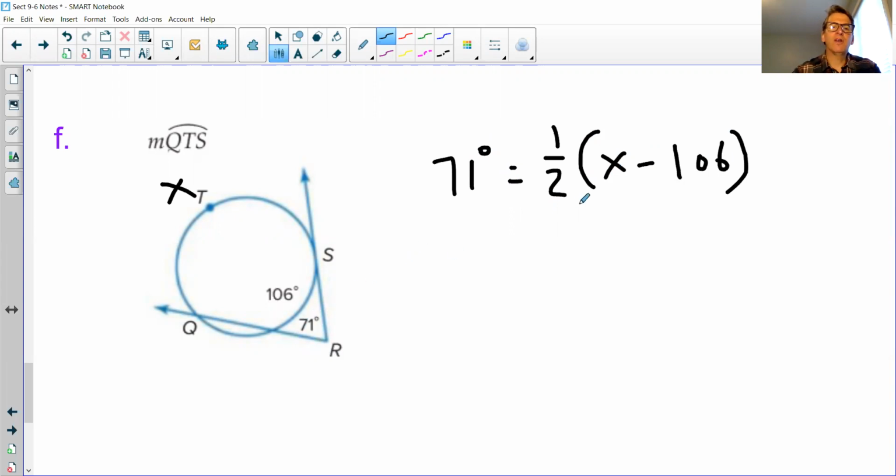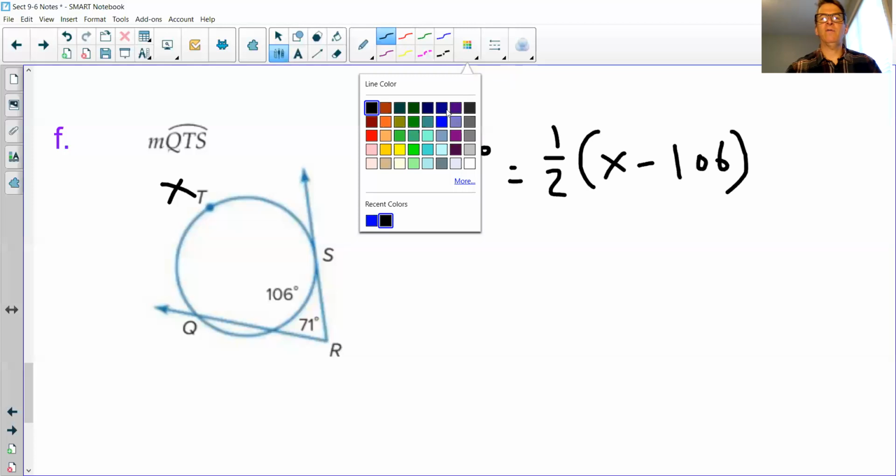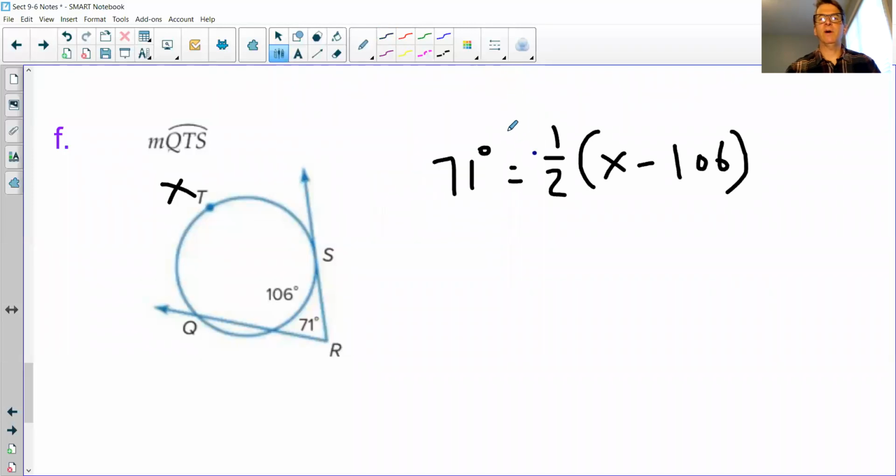And what you're going to do is set up your equation. 1/2 of the X, the arc X, minus the 106. So let's go ahead and do some algebra here and solve for X. We're going to multiply by 2 on both sides to get started.